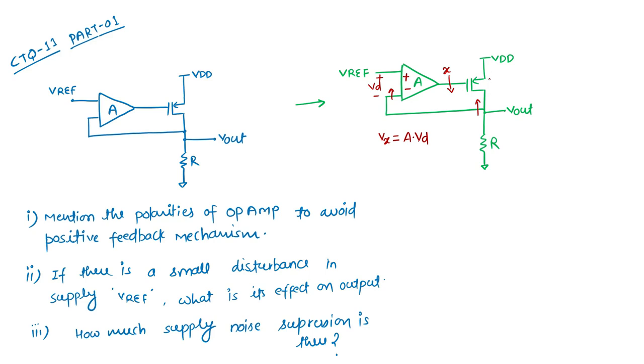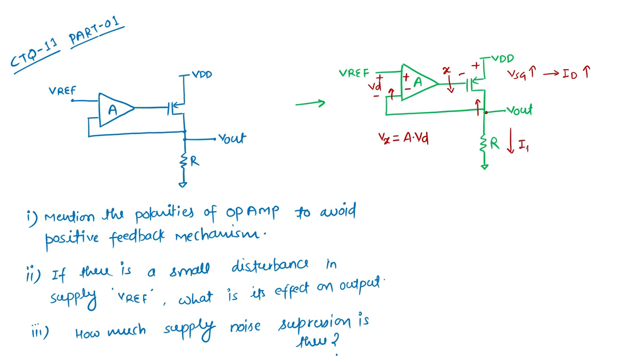If Vx is reducing, what is happening for this transistor? The VSG is increasing, and if VSG is increasing, ID is increasing for this transistor. And if ID is increasing, then what is happening?